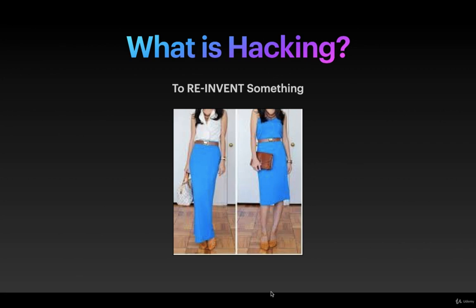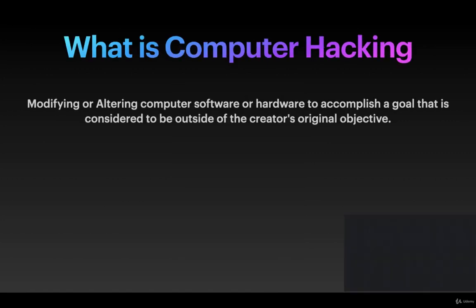Now with this you should understand that hacking is not limited to hacking into computers. Hacking can be anything that involves thinking differently or reinventing from the basic thing. Now let's discuss computer hacking. A very basic definition of computer hacking would be modifying or altering computer software or hardware to accomplish a goal that is considered to be outside of the creator's original objective.